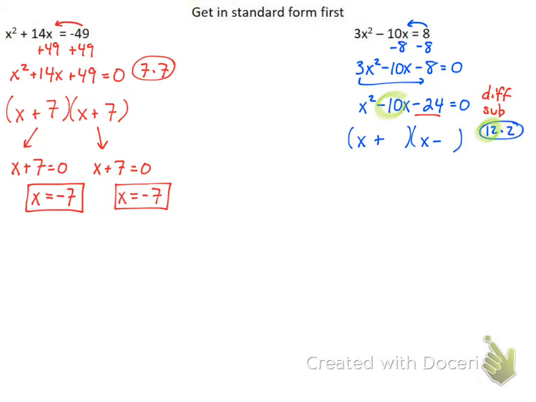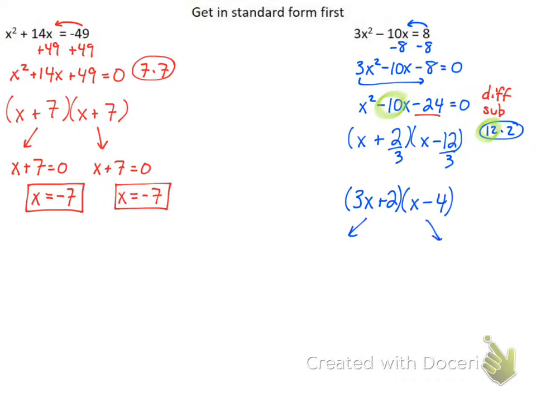Again, the bigger number has to have the same sign as my b value, so I get a negative 12 and a positive 2. I'm going to divide both of these by 3, because I need to divide what I slid. So in the first parenthesis, I get 3x plus 2. Second parenthesis, I get x minus 4.